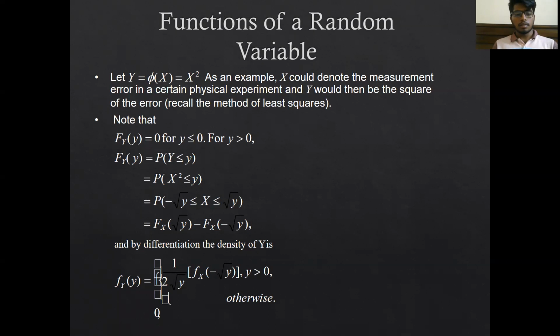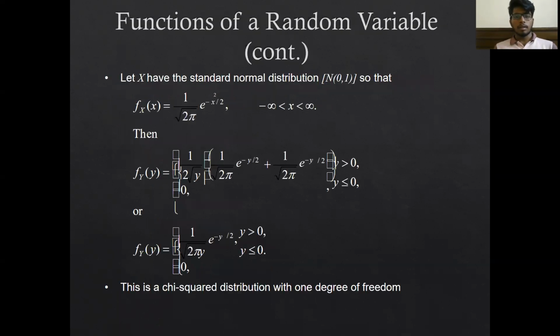By differentiation, the density of y is f_Y of y equals 1 by 2 root y times f_X of root y plus f_X of minus root y for y greater than 0, and 0 otherwise.